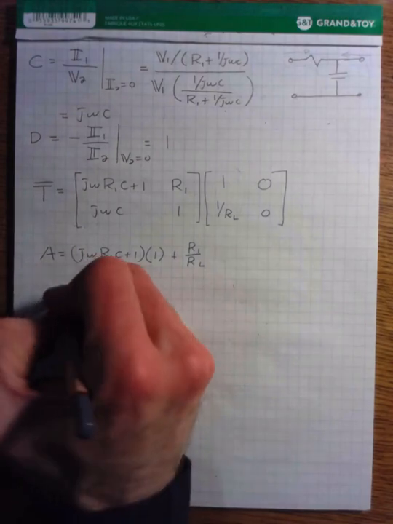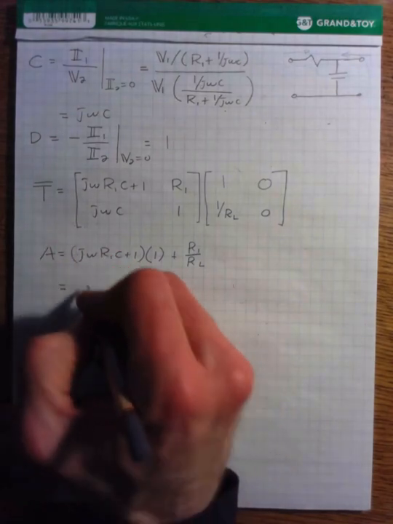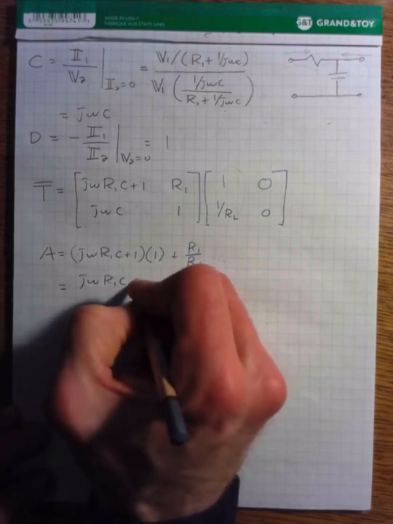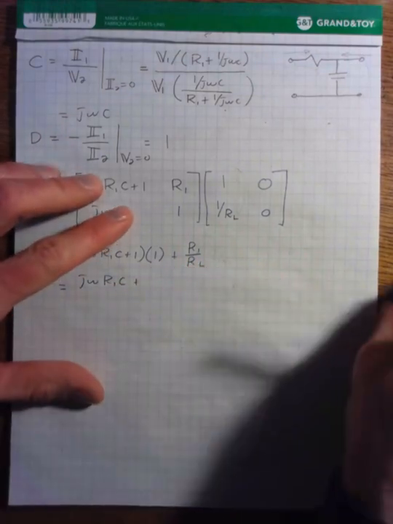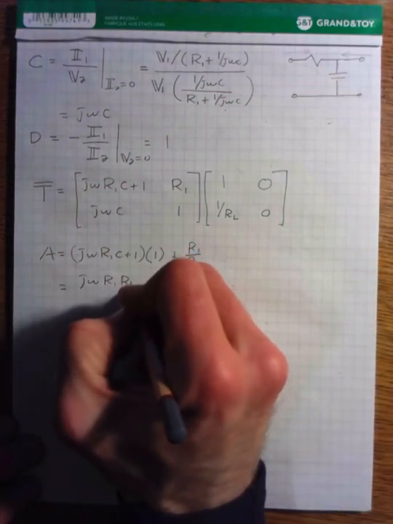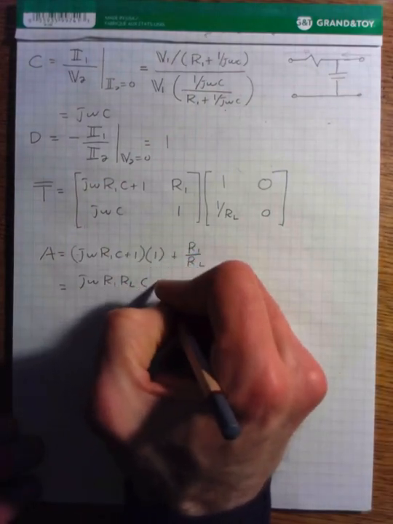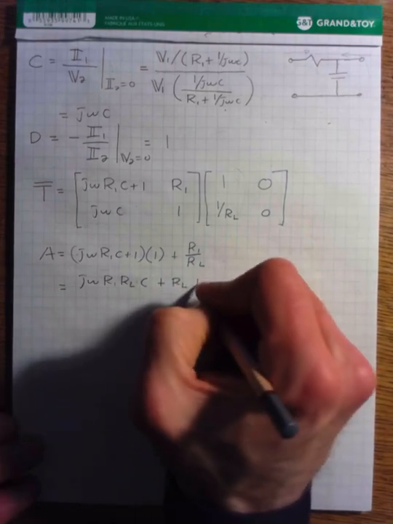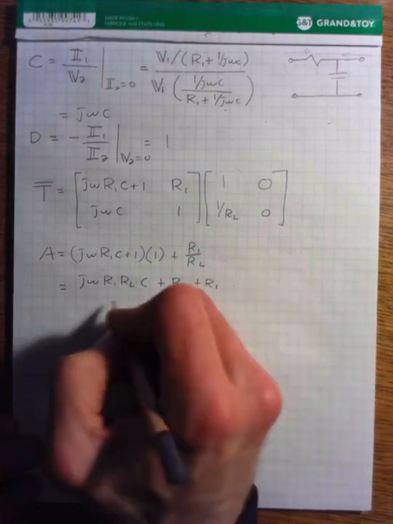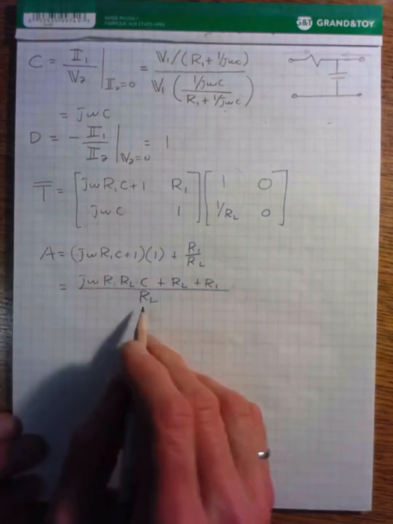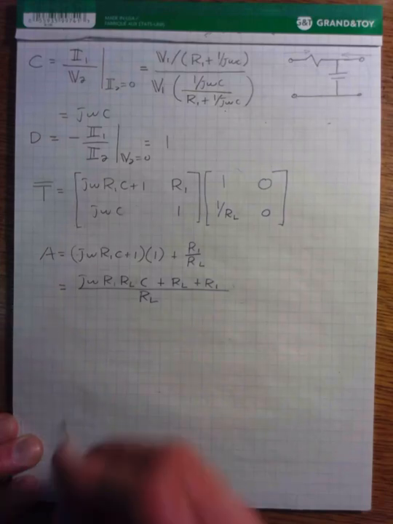Or if we put everything over a common denominator, j omega R1 C plus j omega R1 RL C plus RL plus R1 over RL. So I just took that and put it over the common denominator RL.